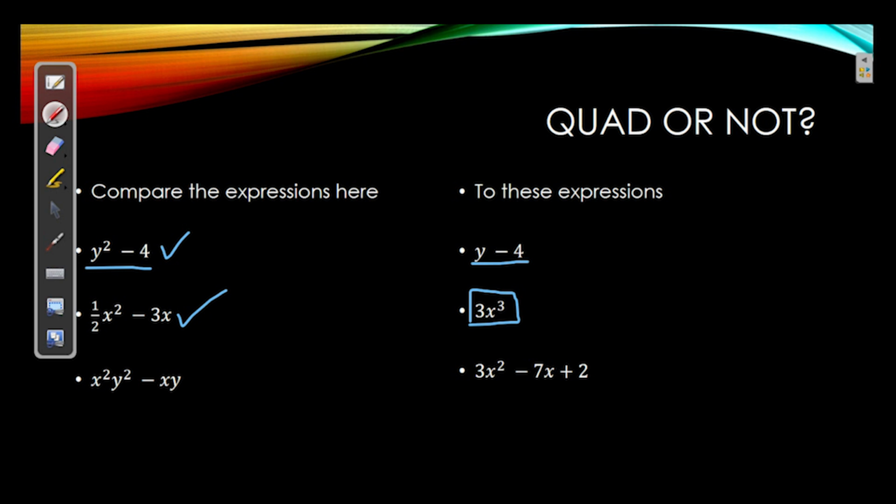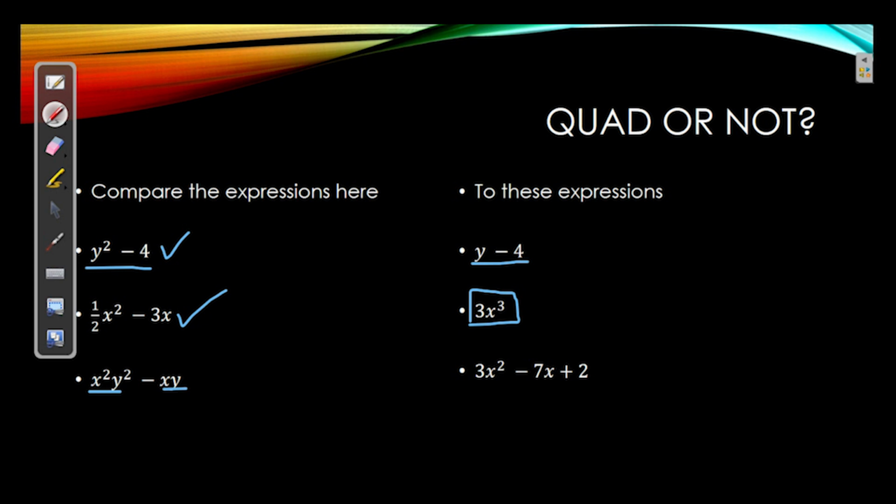Alright, so the final 2 expressions, let's take a look at them. It might be a little bit tricky, but I want you to pay attention to the variables and terms in the expressions, and immediately we can rule out the one on the left. Isn't that so? Can we rule out the one on the left? And if you said yes, you can, because if you look carefully here, although we see the variables being raised to the power of 2, do you notice that we have cross products of variables?